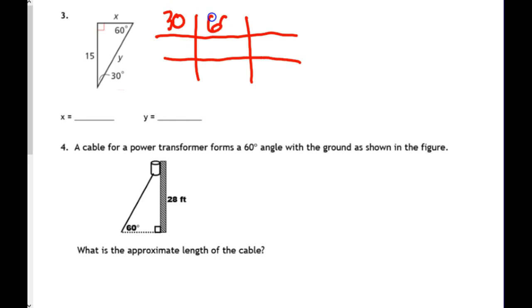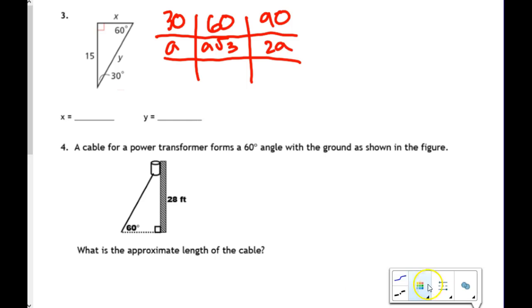30, 60, 90. What do I put in the second row? A, and then A square root of 3, and then 2A.